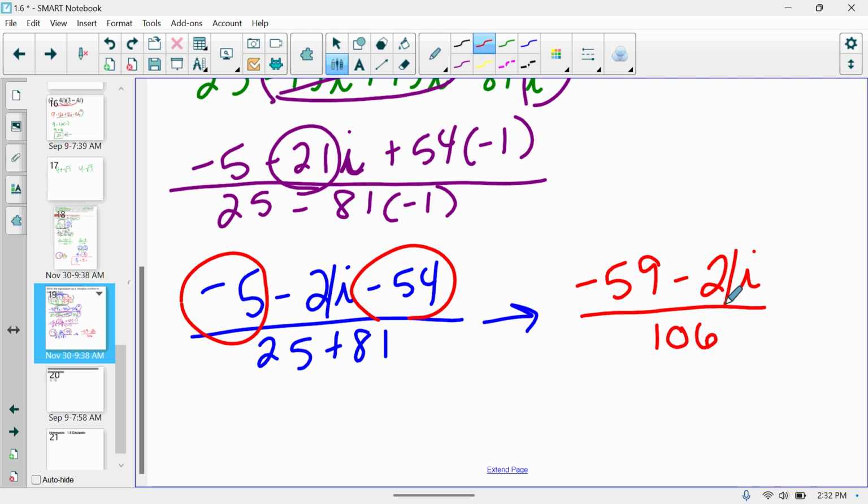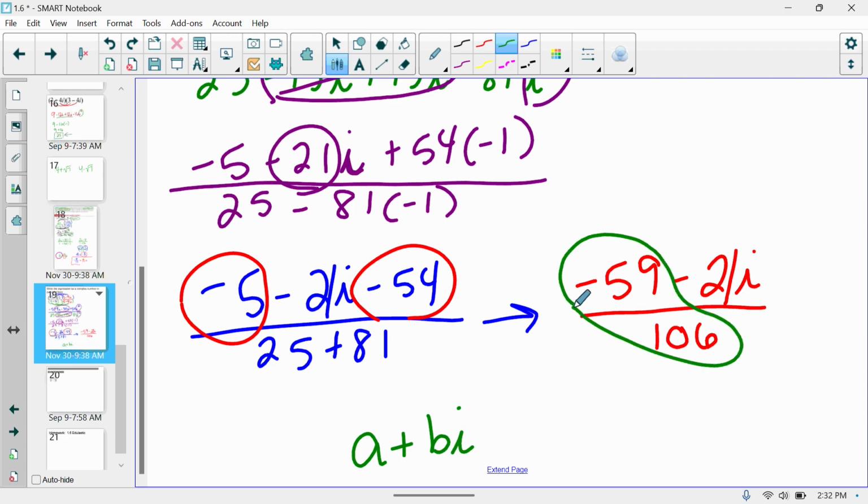Okay, so now remember, our final answer is always going to be in standard form. a plus bi, the real part plus the imaginary part. So we have to actually do negative 59 divided by 106. Punch it in your calculator. It's a gross decimal. You're just going to math frac it, and it's going to go right back to negative 59 over 106 because it can't be simplified.